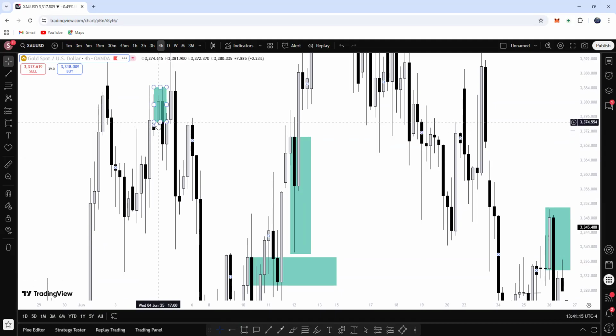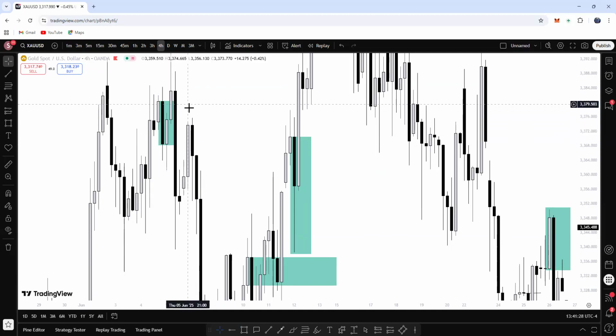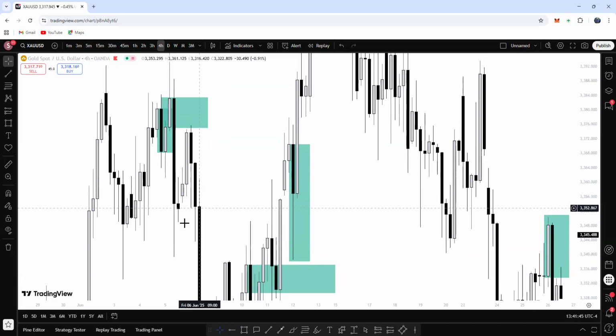We have this bullish engulfing here, but price broke it downward. Then price comes to the middle of it, then gave a drop.